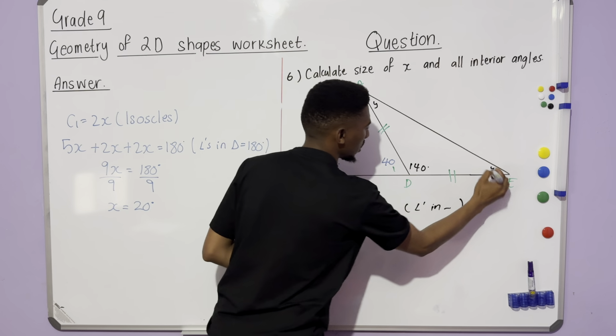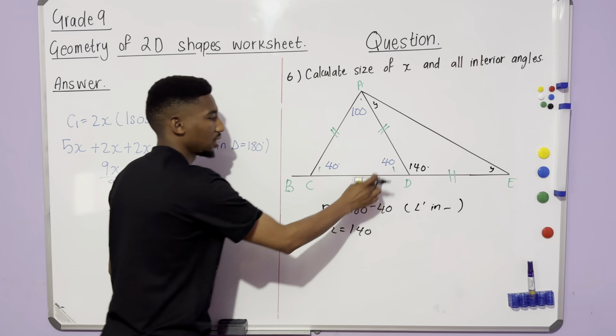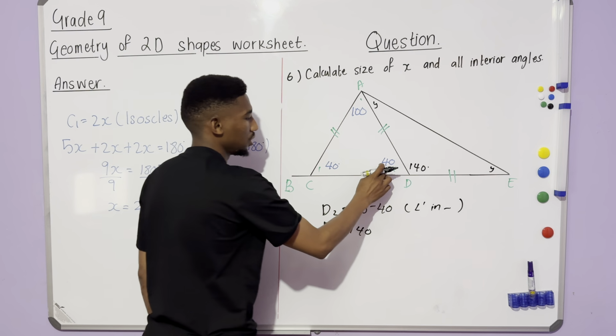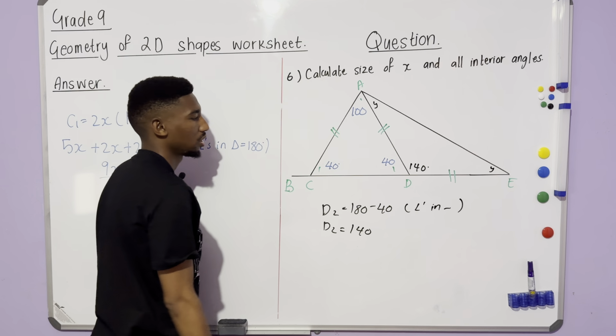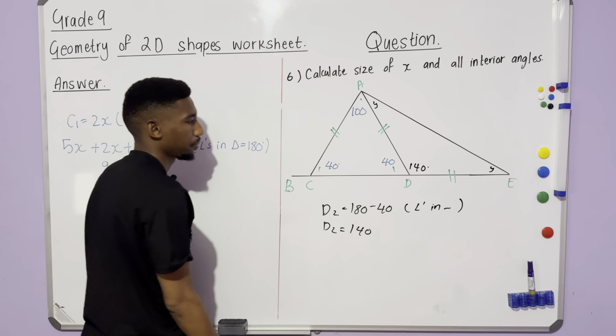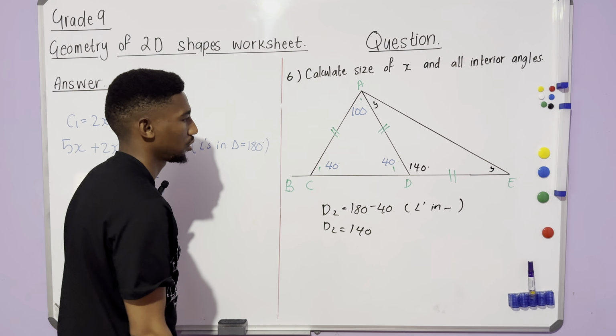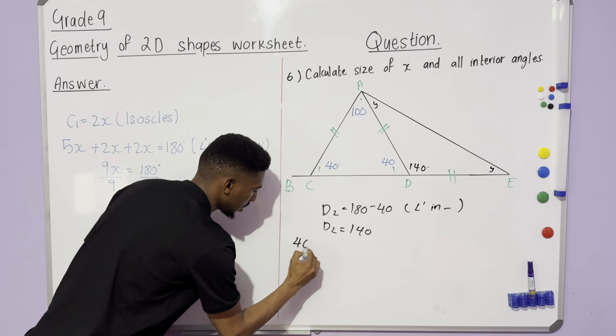We have two ways to do this. We can use the exterior equals interior opposite, or we can use the triangle properties. Either way we should come to the same answer. I'm going to use the exterior angle rule.